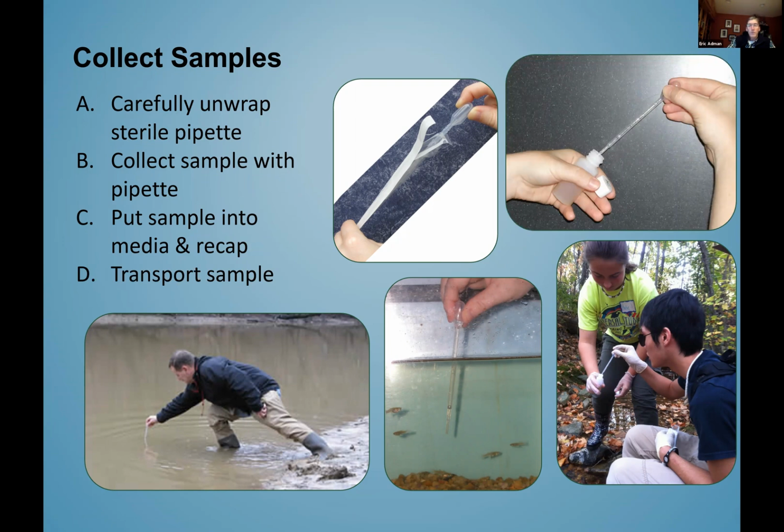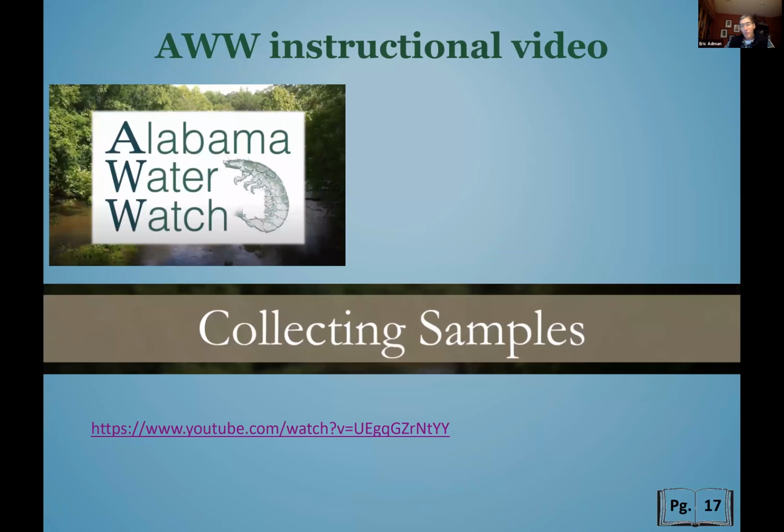So I think what we're going to do right now is watch a video from Alabama Waterwatch about collecting samples. I'm going to stop sharing for a second and then switch over to the video on collecting samples.